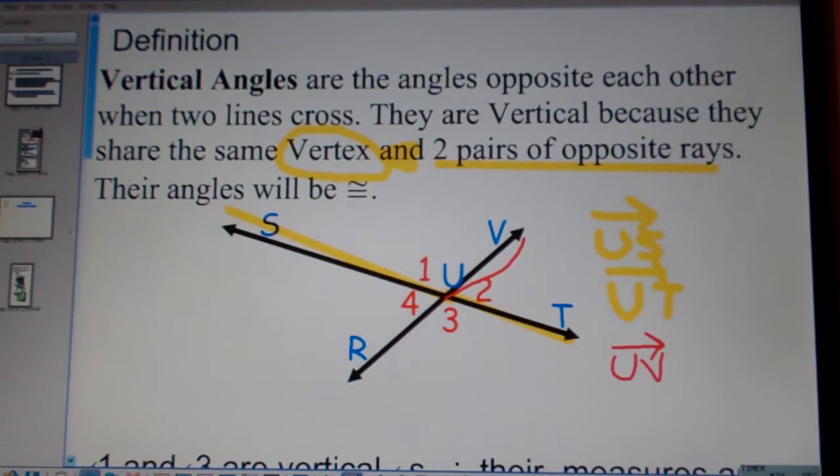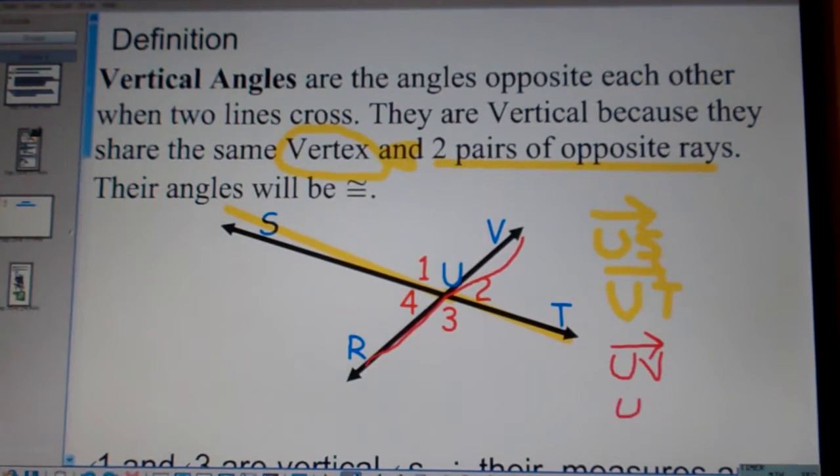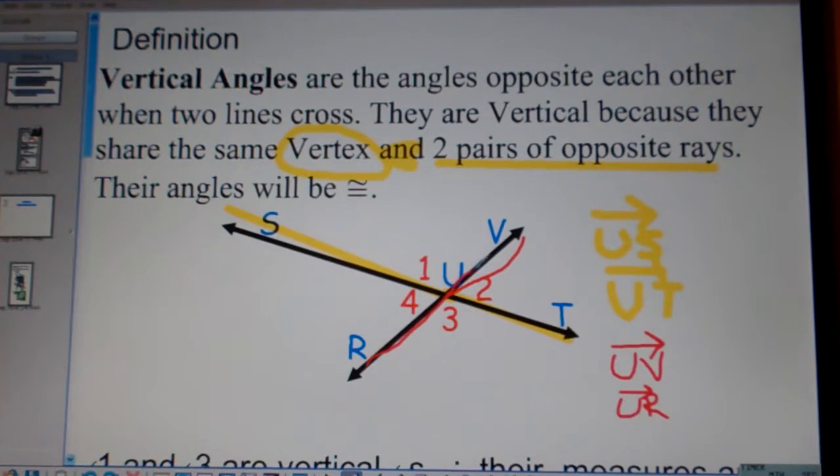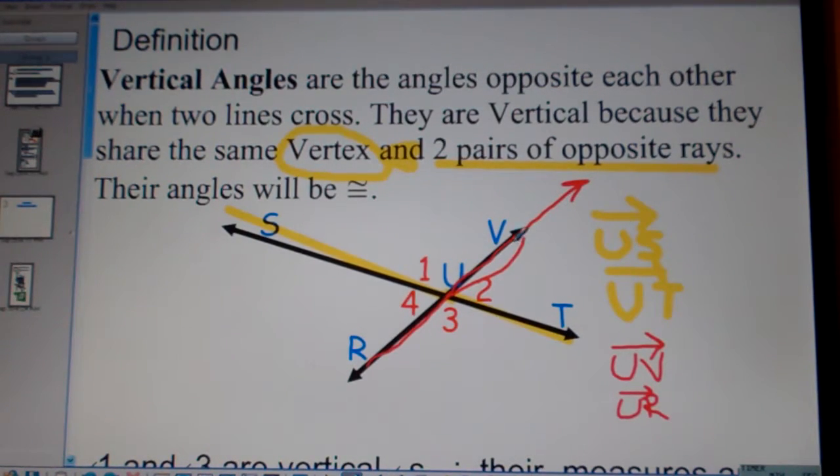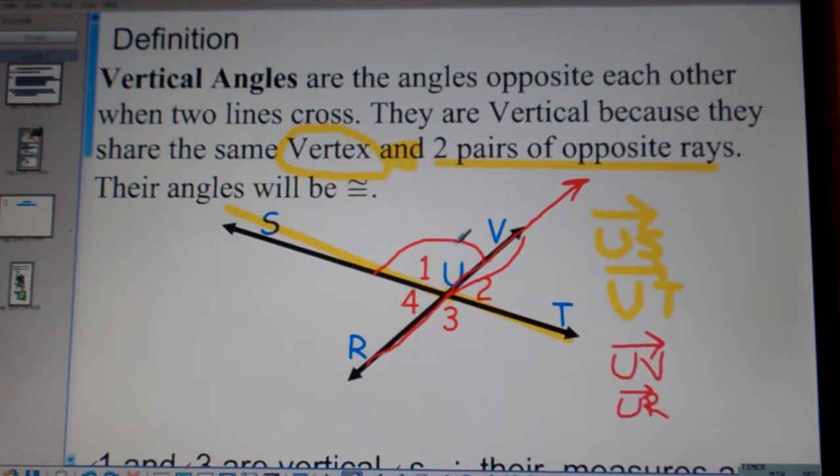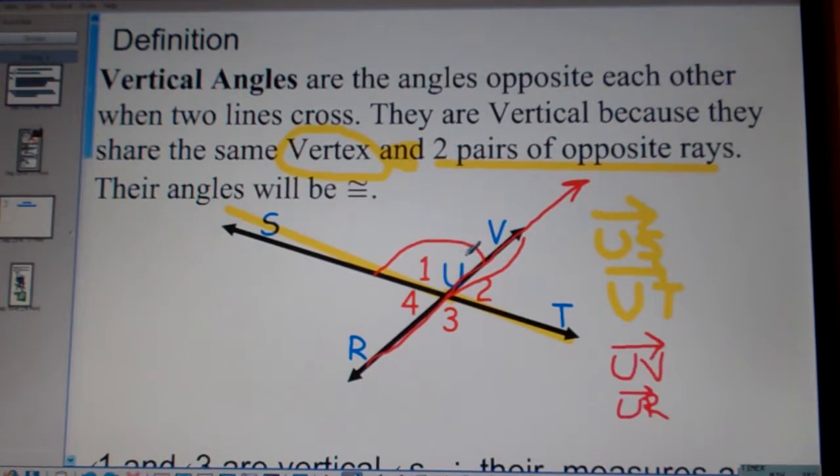Well, what's the second pair of opposite rays? The second pair is going to be UV, shooting upward this way. That's my first ray. Does it touch angle 1 or 3? It touches angle 1. That means the second ray had better be opposite and at the same time touch angle 3.